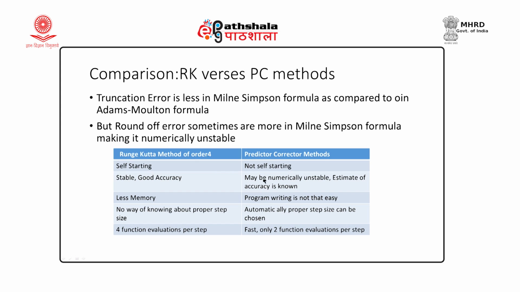But with predictor corrector methods, being iterative in nature, you can go on reducing the step size till you get the desired accuracy, so you automatically arrive at the proper step size. One more disadvantage of the Runge-Kutta method is that 4 function evaluations per step are needed, whereas predictor corrector formulas use only 2 function evaluations per step, one for the predictor and one for the corrector.